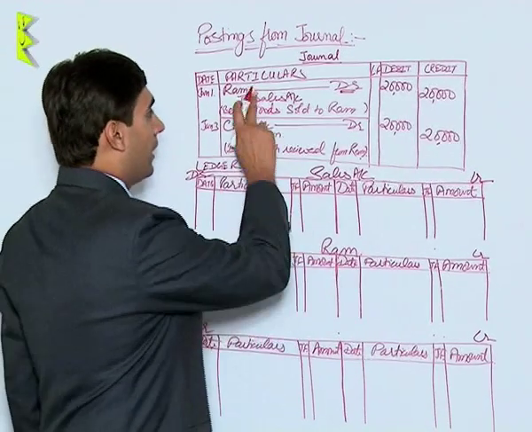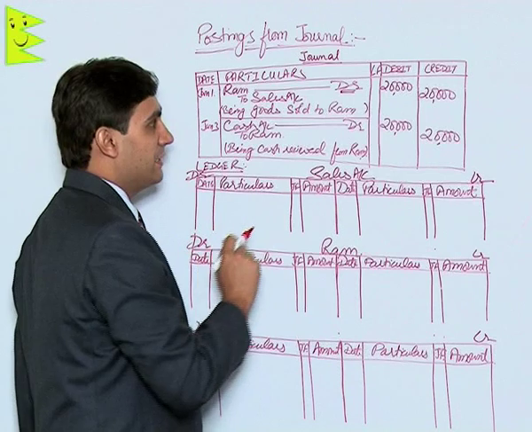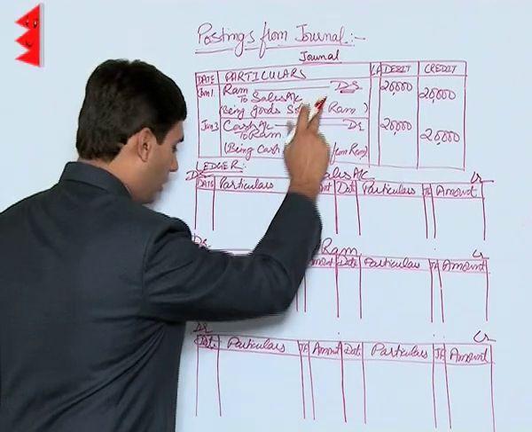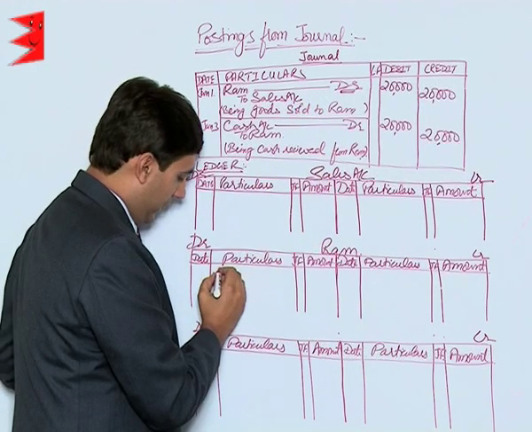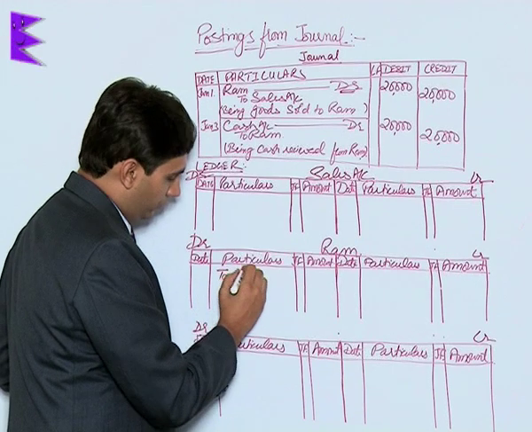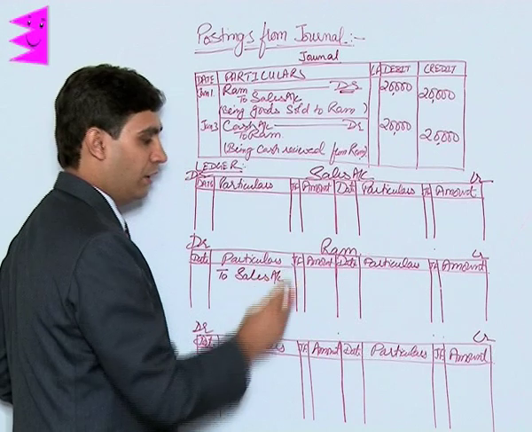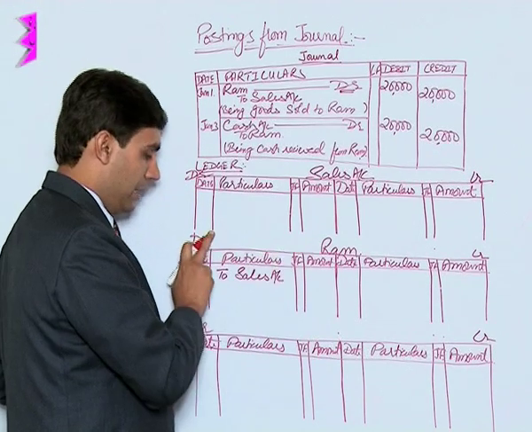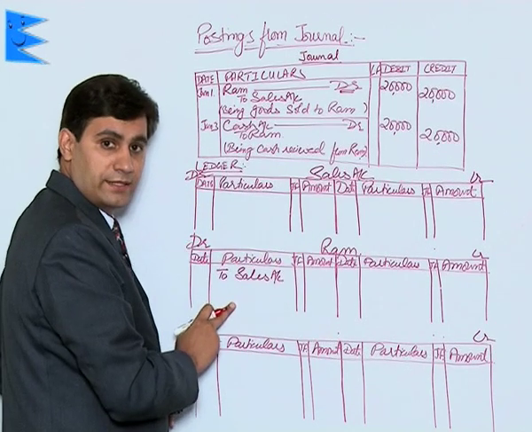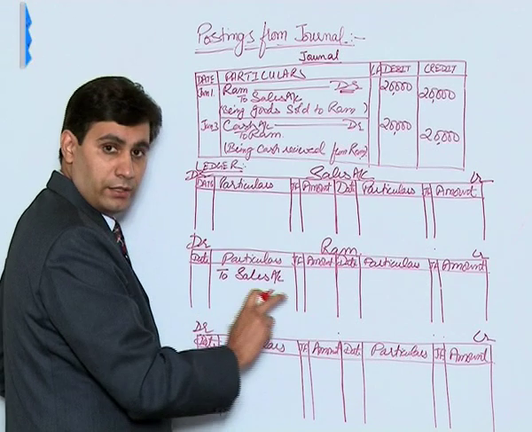Now students, Ram account debited. Let's see how this will appear. On the debit side of Ram you will write To Sales account. Ram account debited, to Sales. That completes the entry.